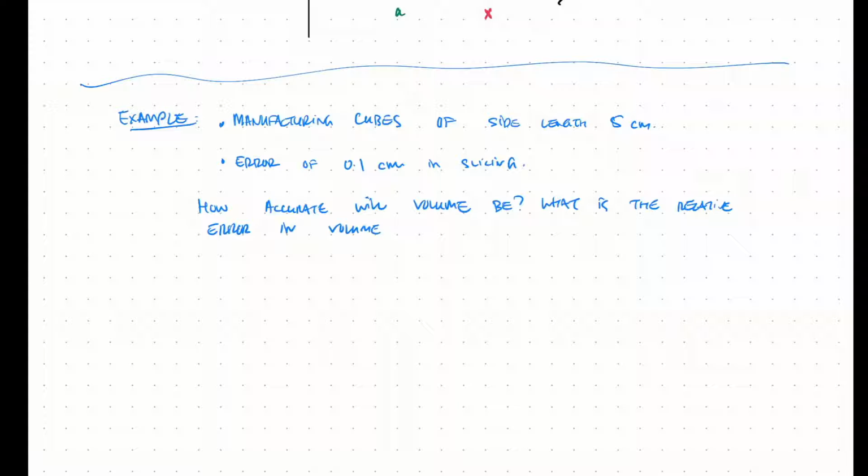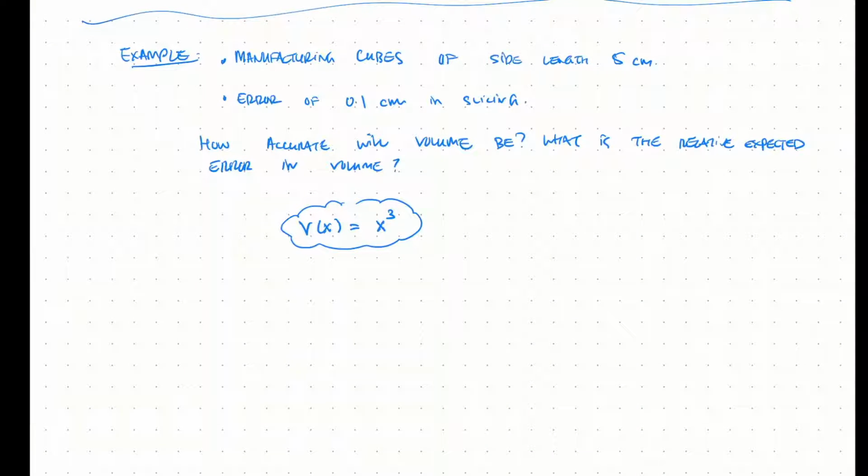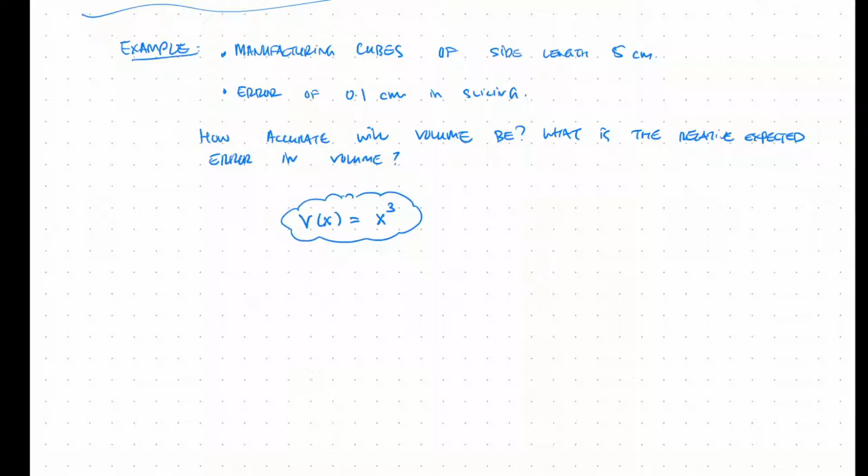We might say a relative expected error. So we know that the volume for this cube would be given by x cubed, right? So if it's at 5, this would be, not 25. Did I say 25? 125 centimeters cubed should be our perfect cube.